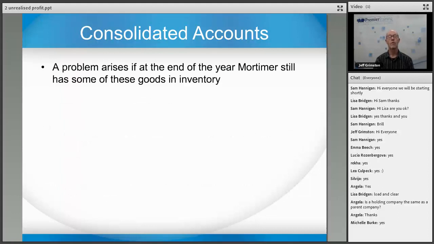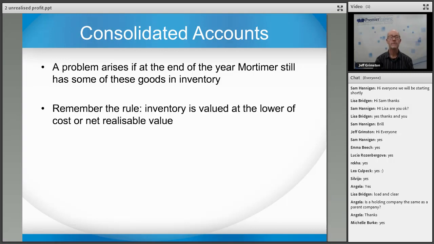Where we do have a problem is if at the end of the year some of those goods are still in inventory. Now remember the rule, inventory is valued at the lower of cost or net realizable value.